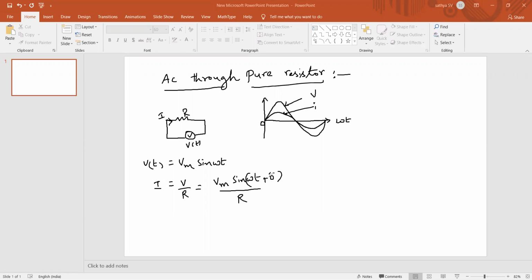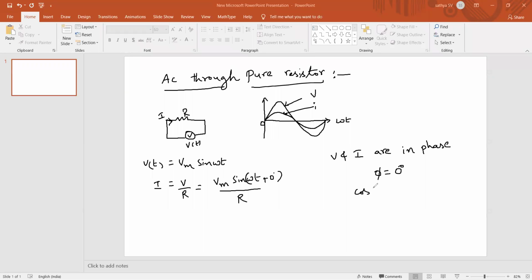So the phi value is 0. In the sense that V and I are in phase or out of phase? In phase quantities. And the angular difference between them is 0 degrees.